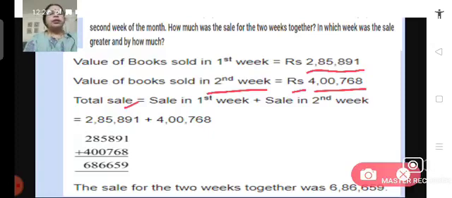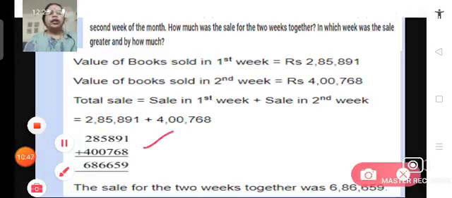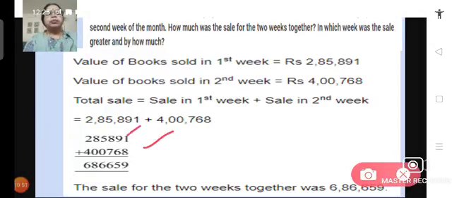The total sale will be sale in first week plus sale in second week. So we add these two amounts, that is 2,85,891 plus 4,07,68. We arrange these two numbers in columns and start addition from the ones place.